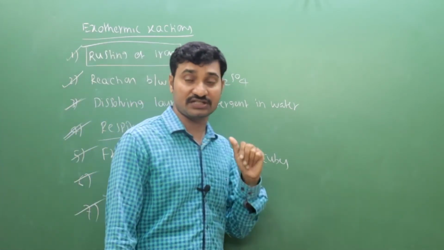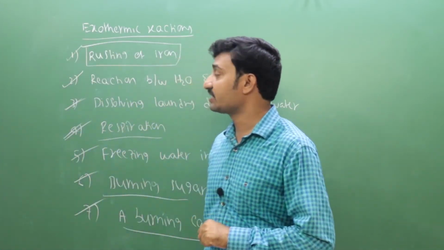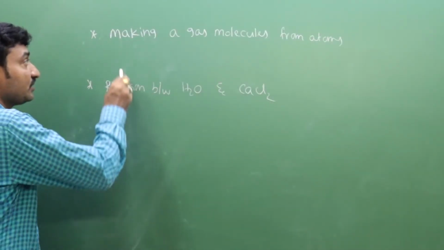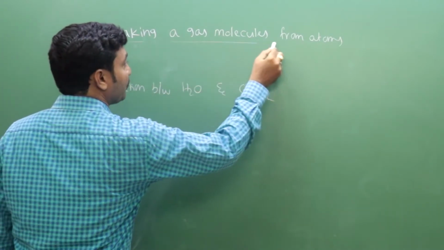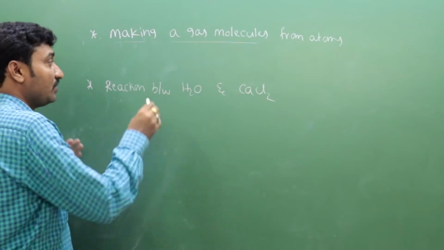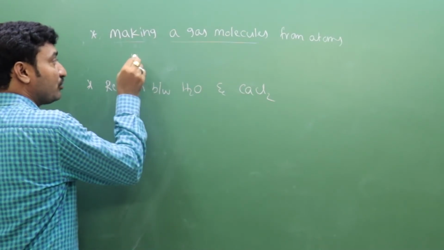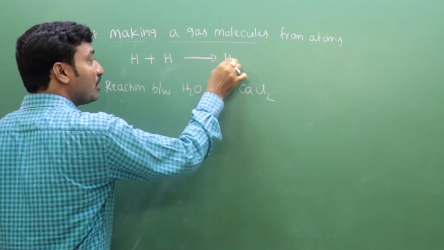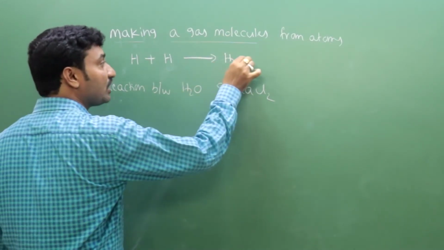So these are some examples of exothermic reactions. Let us discuss some more examples. See these reactions. Making a gas molecule from atoms, for example, a hydrogen atom combining with another hydrogen atom to form an H2 molecule. This is an exothermic process.